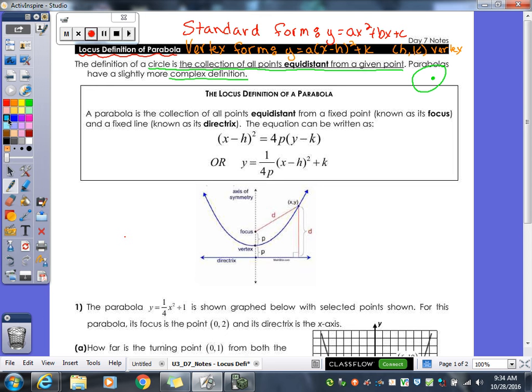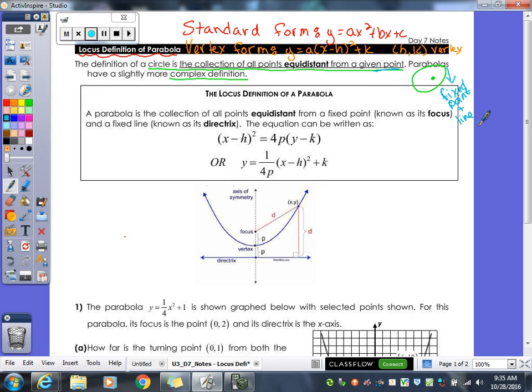Because with parabolas, it's not just from a fixed point like it is for your circle. With your parabolas, it's a fixed point and a fixed line. So you take the two parts and it creates your parabola in that way.